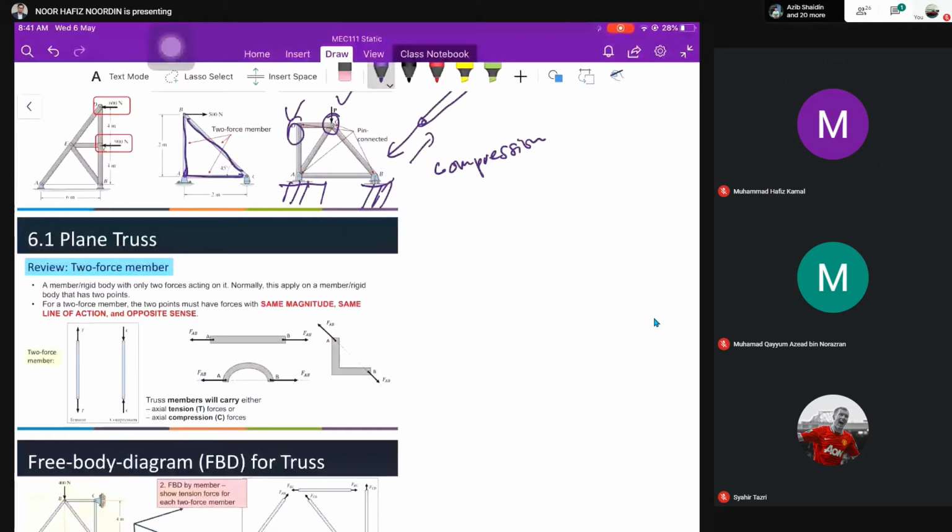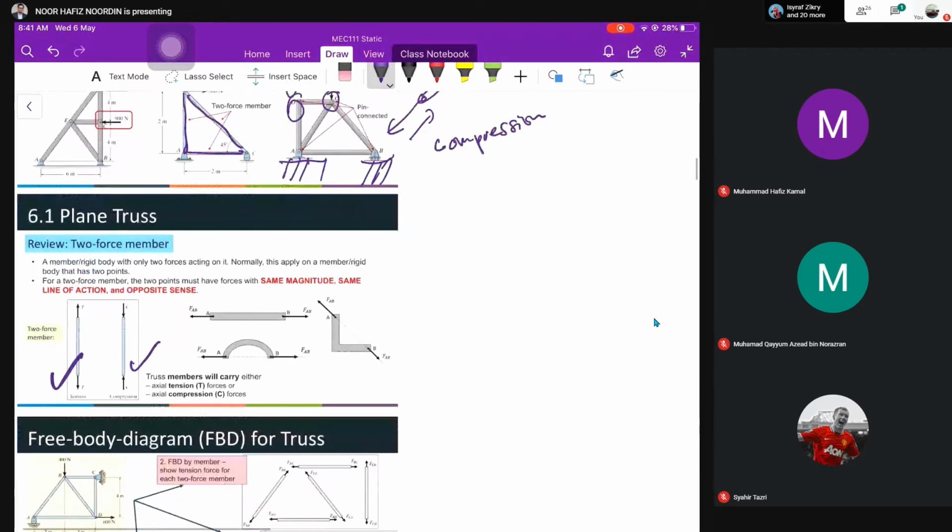Review for two force members. Alright. So yang saya terangkan tadi, we have tension, and then compression. Yang ni yang kita nak cari nanti, kita nak analyse in our structure for truss. So normally soalan yang minta kita cari dia punya force yang berlaku terhadap member tu, either in tension or compression. Tu soalan biasa tanya kita lah. Alright.